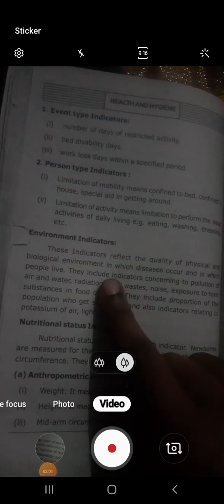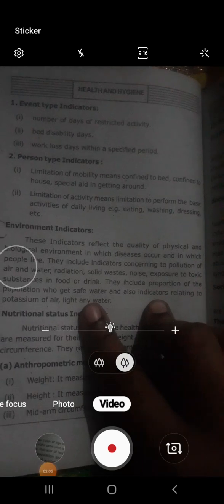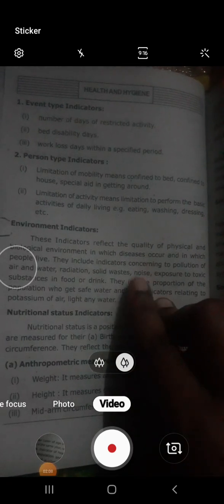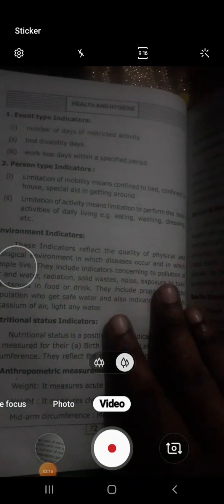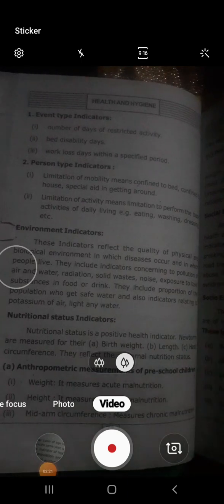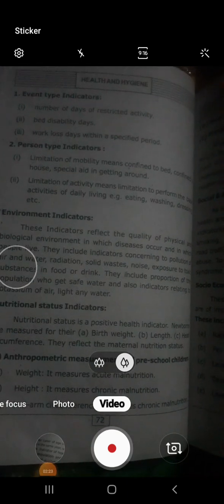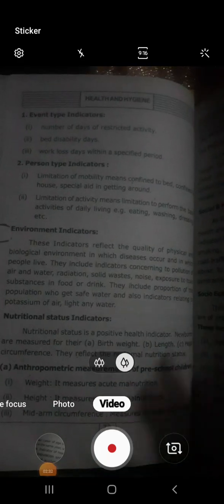And next one we are having over here is environmental indicators. These indicators reflect the quality of the physical and biological environment. We have seen the determinants, so the same thing we are going to discuss here as indicators. Environment means air, water, radiation, solid waste, noise. Exposure to toxic substances means many chemicals are mixing in our environment, pollution is increasing.